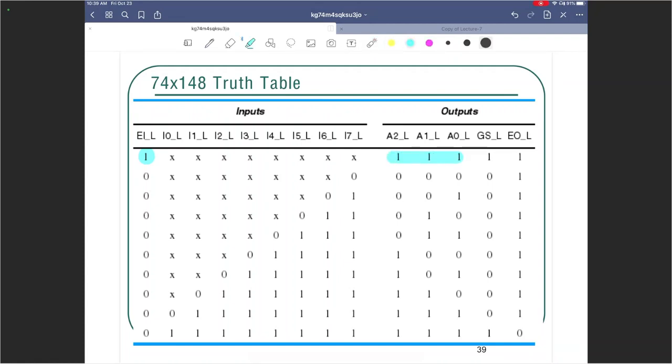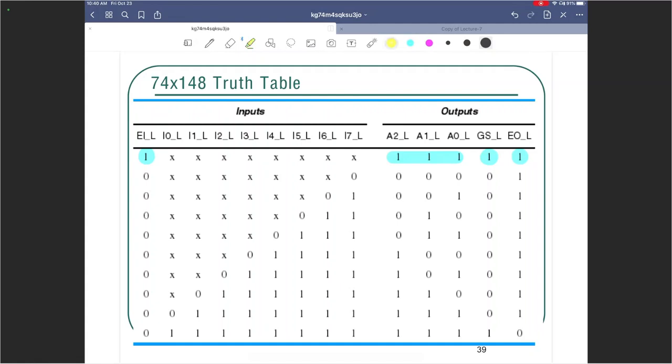Note that they are active low outputs. You did not get anything, so got something is also low. And the enable output is also low, so you do not enable the output, which is used for cascading multiple 74x148 chips. So that's when enable input is inactive. That's when it is off.